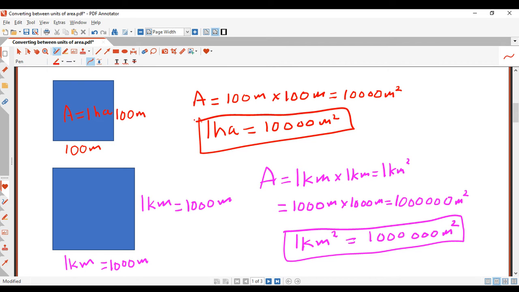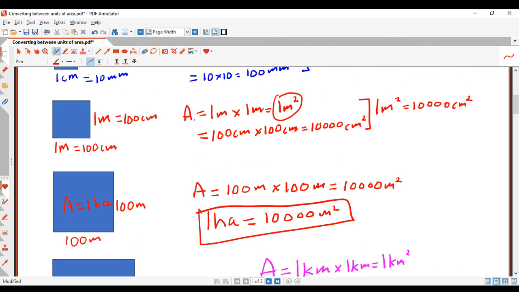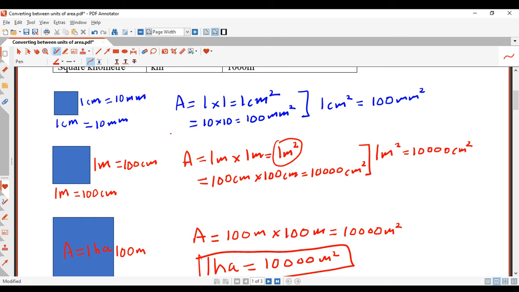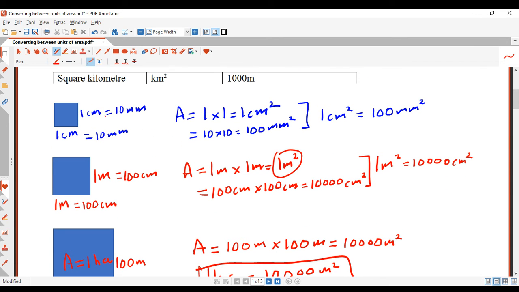There we go. All right, so they're all the units that we're looking at. Starting off with 1 centimetre squared is equal to 100 millimetres squared. Then 1 metre squared is 10,000 centimetres squared.